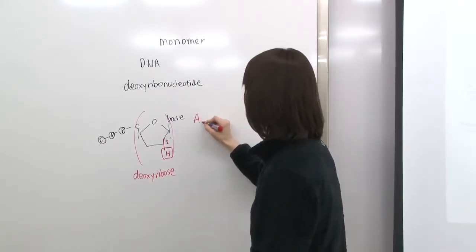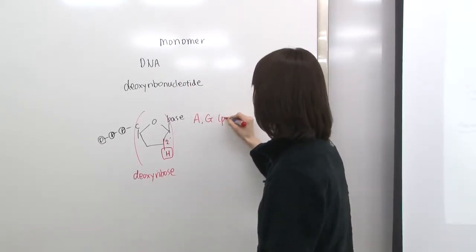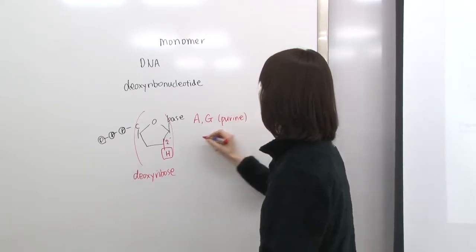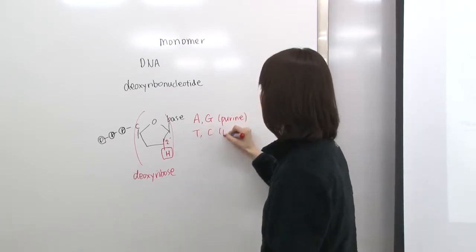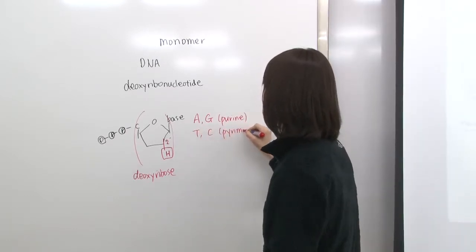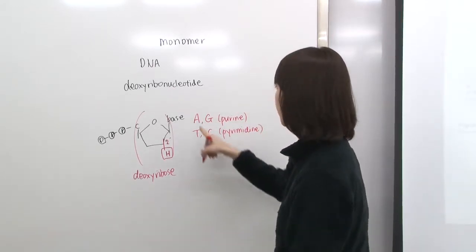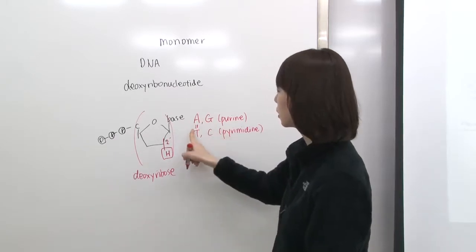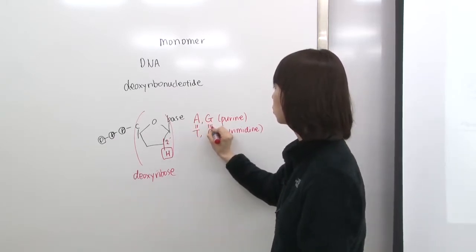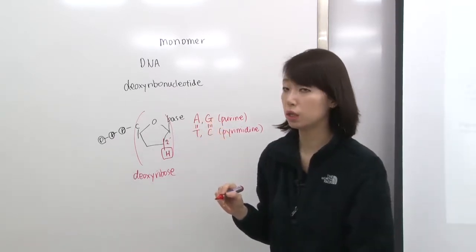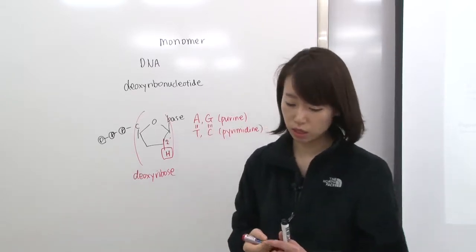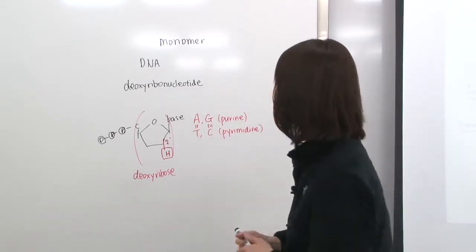There could be purines, A and G, or T and C, which are pyrimidines. So A always forms hydrogen bonds with T, and G always forms hydrogen bonds with C in the complementary DNA strand. So that's the monomer for DNA.